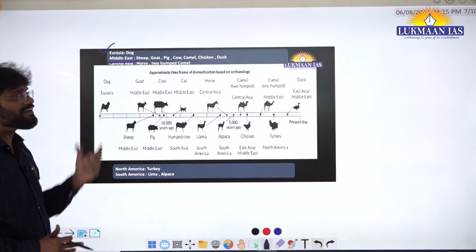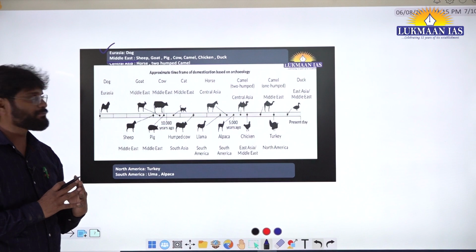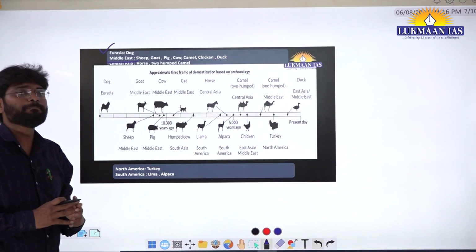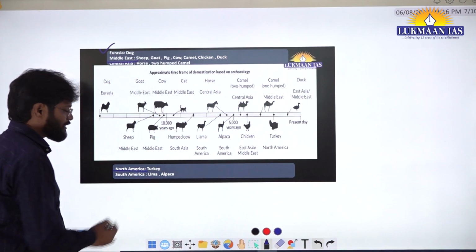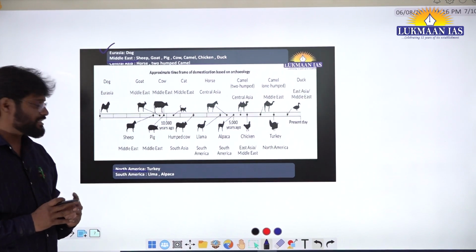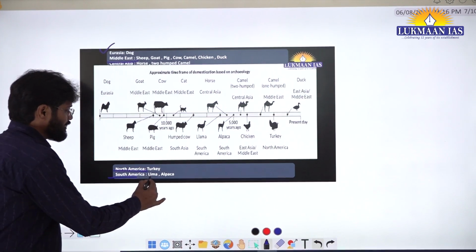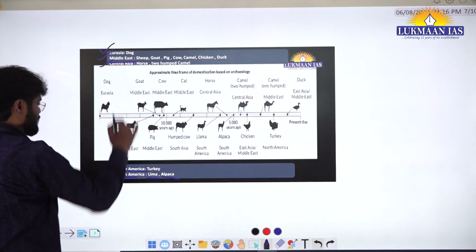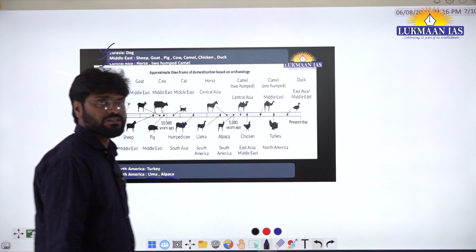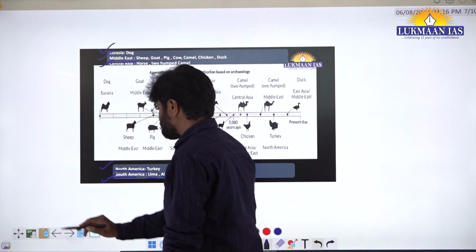In Central Asia, the horse was first domesticated, and the two-humped camel. In North America, the turkey was domesticated. In South America, llama and alpaca. These are the various animals domesticated in different continents. So this is the introduction.